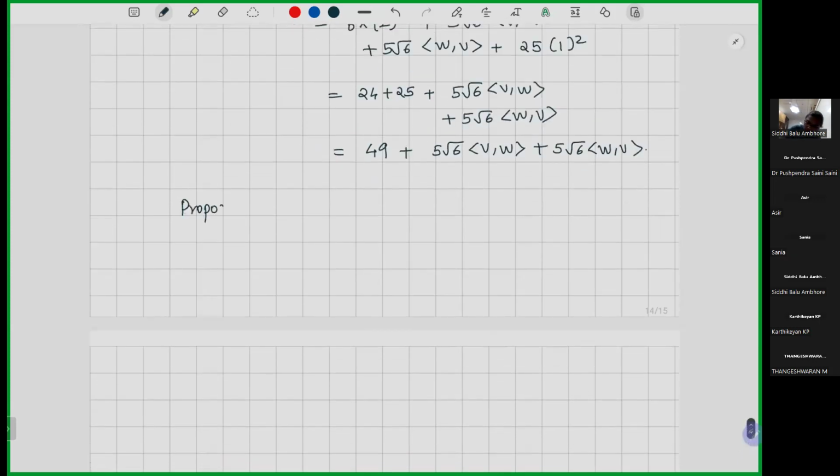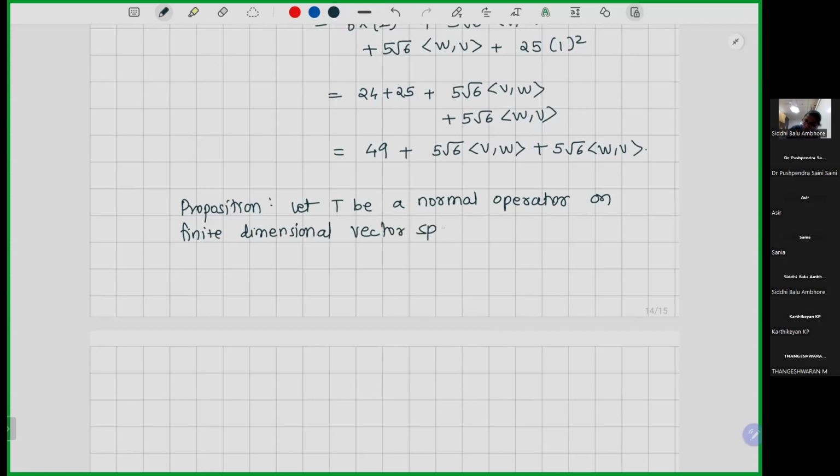And why? Because of this proposition which we proved in the lecture: let T be a normal operator on a finite dimensional vector space. Suppose lambda 1 and lambda 2 are two distinct eigenvalues of T, and V1 and V2 are corresponding eigenvectors. Then V1 is orthogonal to V2, and in fact T must be a normal operator.